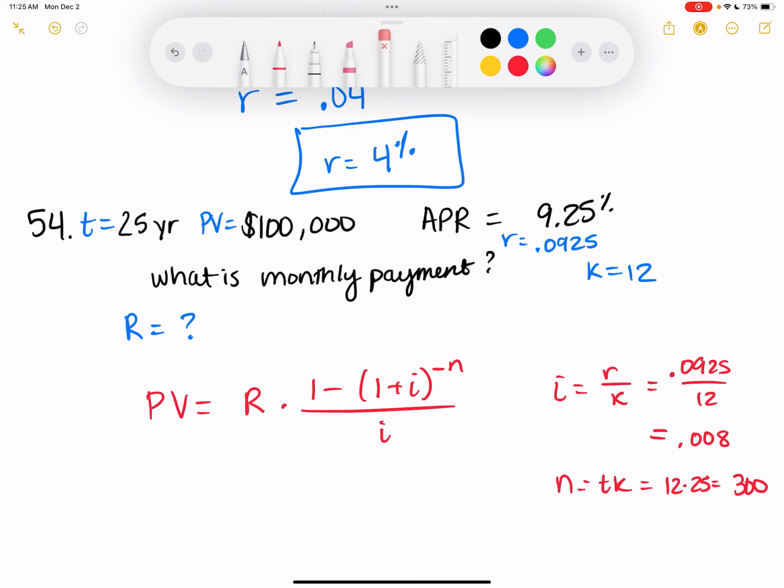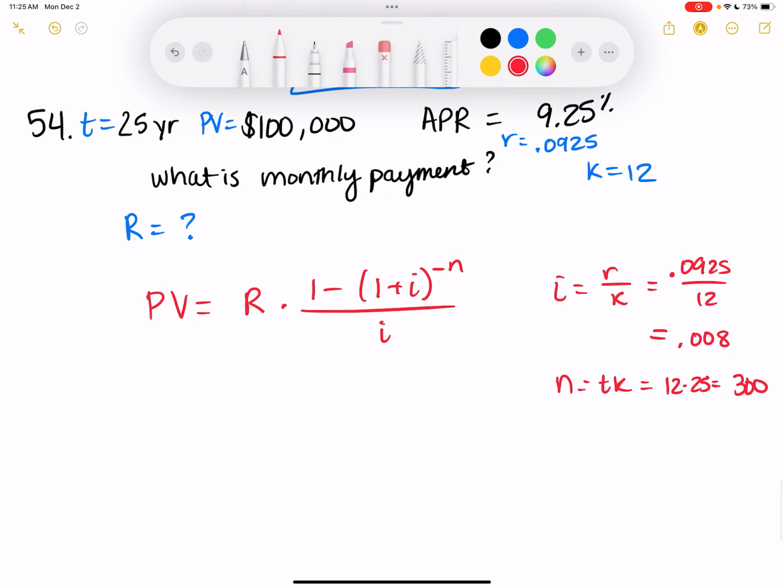All right, so now I can set everything up to solve. I've got 100,000 equals R times 1 minus, in parentheses, 1 plus 0.008 raised to the negative 300, over 0.008.